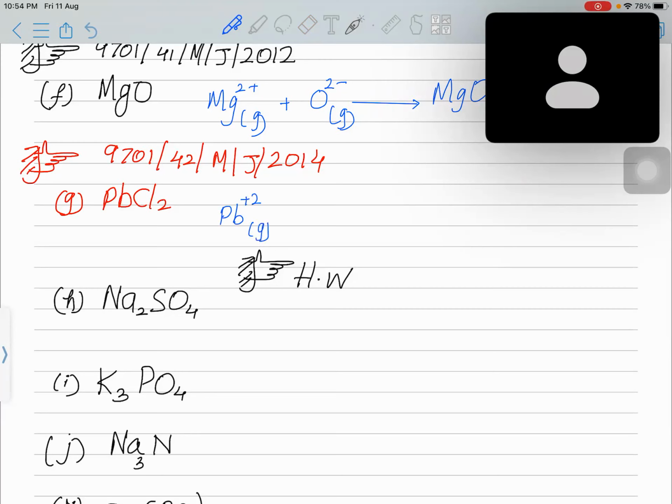So gaseous lead combined with 2Cl- gaseous, both cation and anion, form an ionic solid. This releases energy, called lattice energy. Whenever an ionic compound is formed, energy is released. Such energy is called lattice energy.